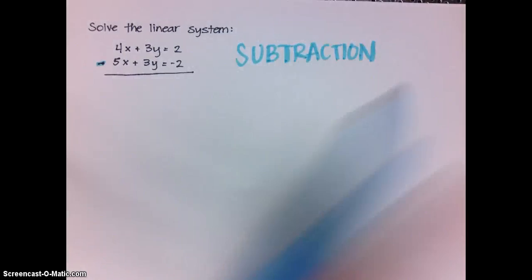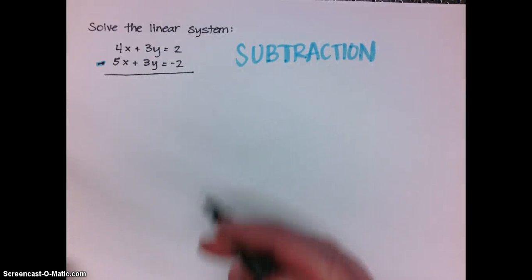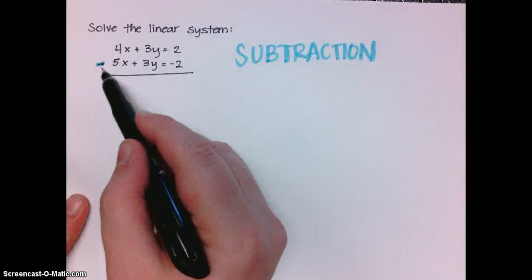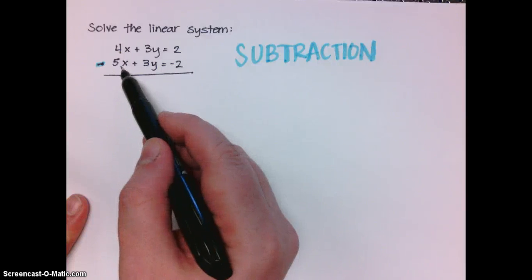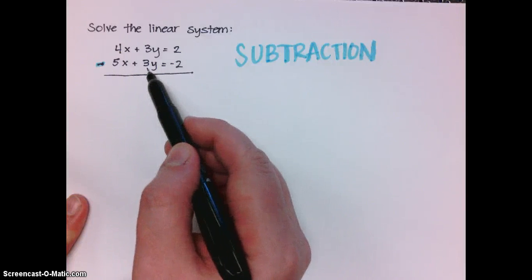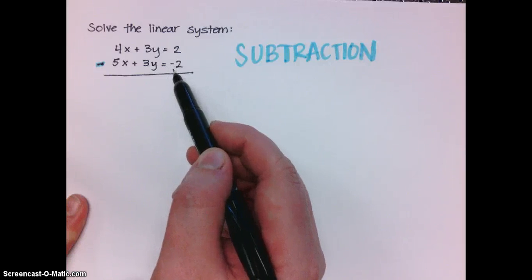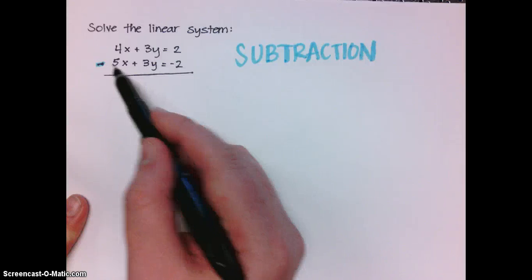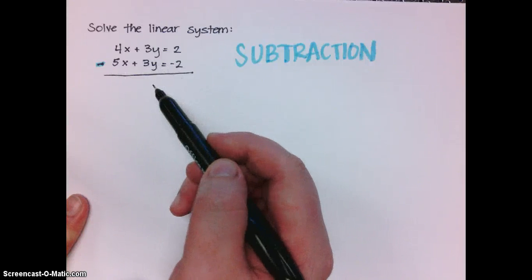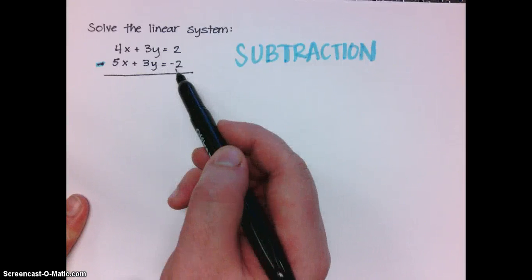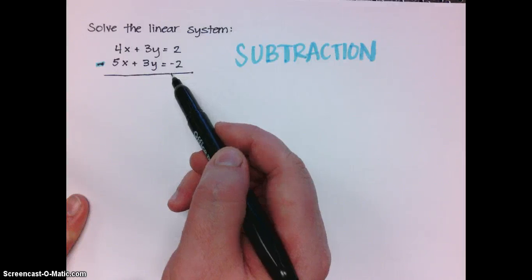The thing to notice, though, when you are doing subtraction is that really you're going to do minus 5x, minus 3y, and minus negative 2. So just make sure that that minus sign is going to be attached to all of the values in that whole equation.